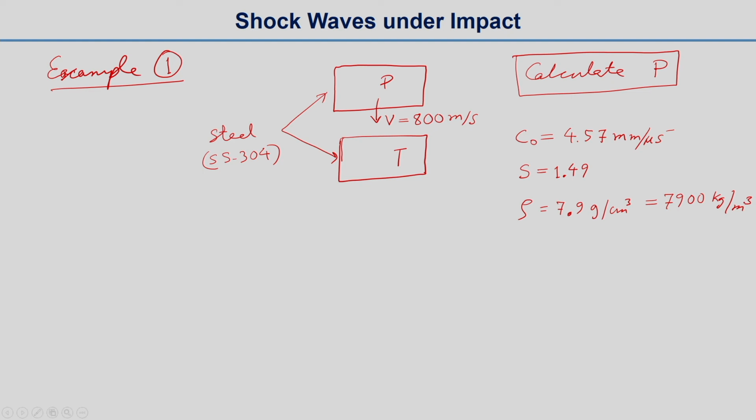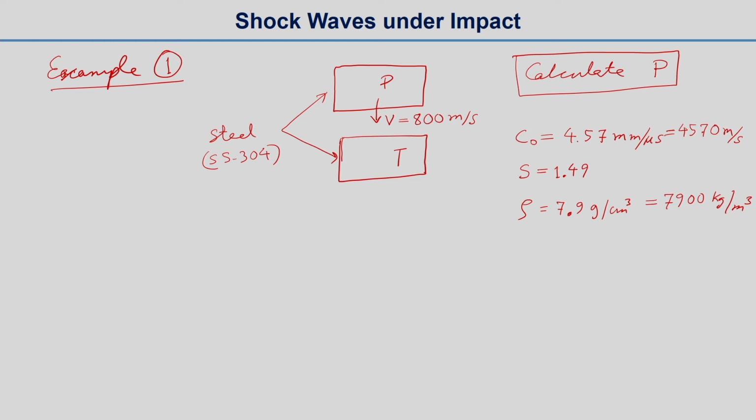We will keep everything in SI units, so 4.57 millimeter per microsecond means 4570 meter per second. To calculate the pressure, we first need the particle velocity.